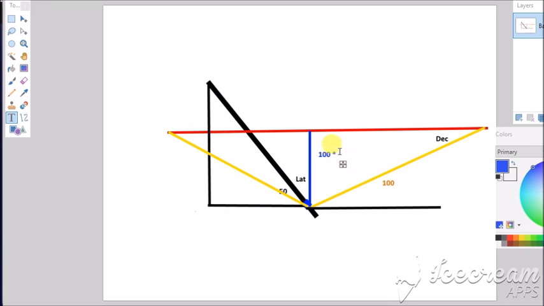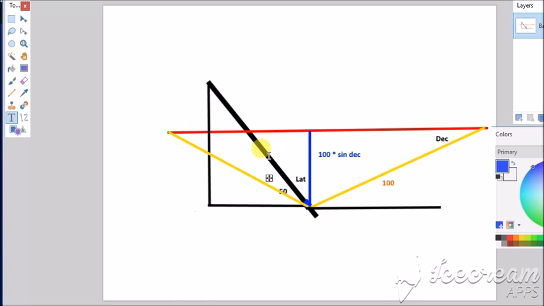So the blue line would be 100 multiply sine of the declination angle. Sine the declination angle. So what next? Yeah, we want the black line.